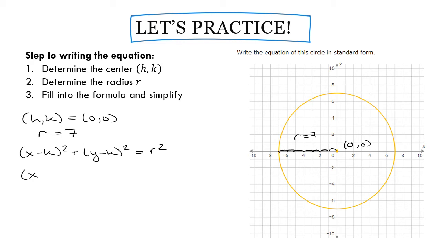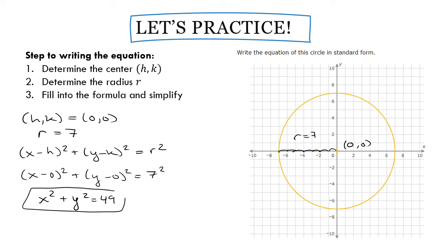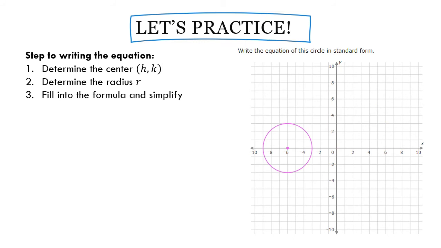Sorry, I said k, that's supposed to be h. Well, h is 0, and k is also 0. And then r is 7. So this simplifies to just give me x squared plus y squared equals 49. This is my equation. Alright, let's try another one.